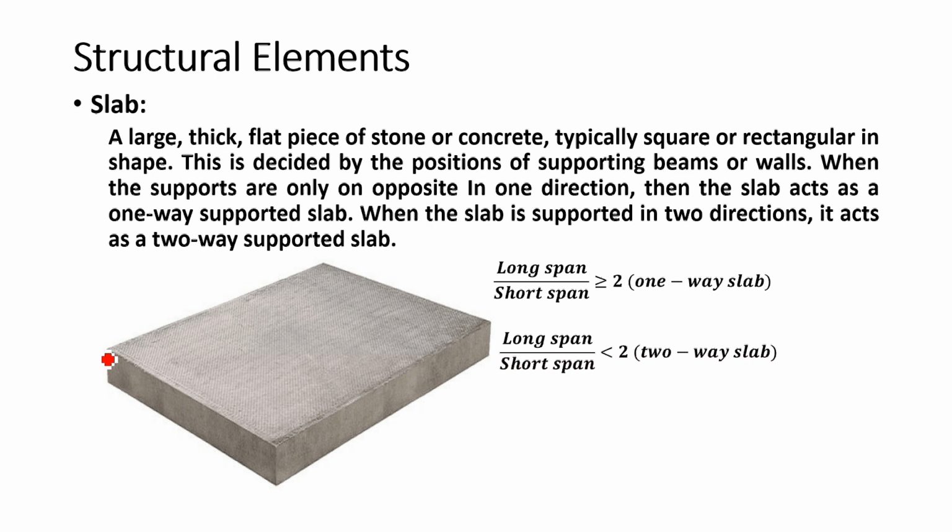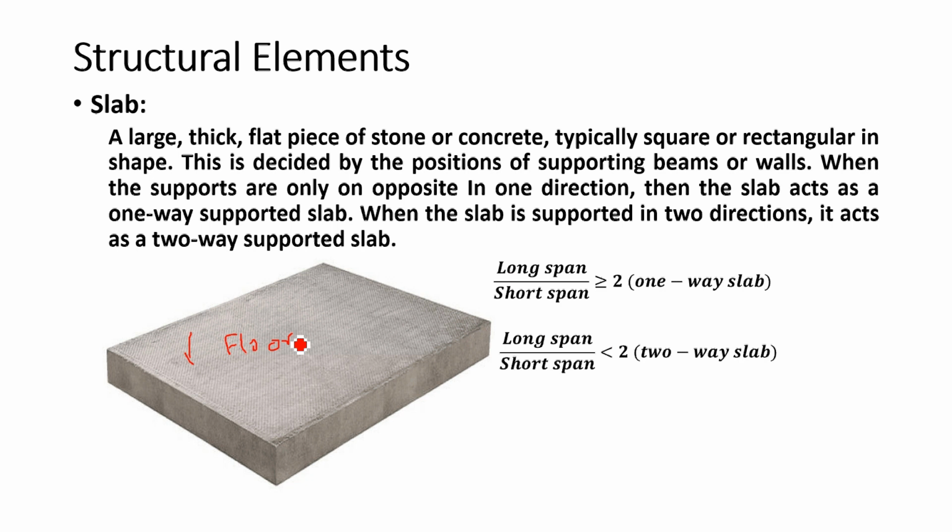Okay, let me move on to another structural element, which is called a slab. A slab is like a plate. It's also basically horizontal. It normally acts as the floor of your building.